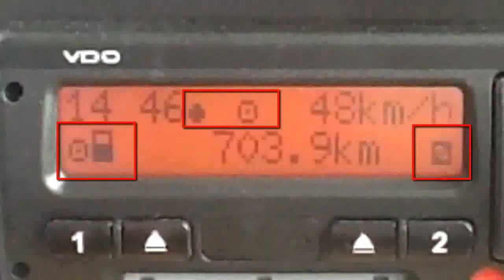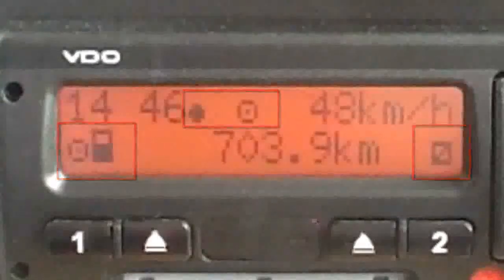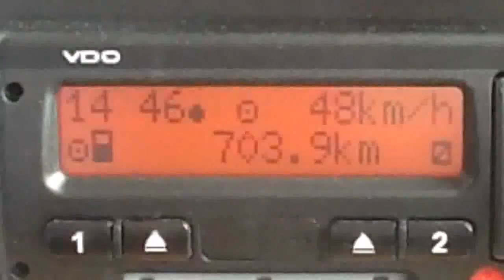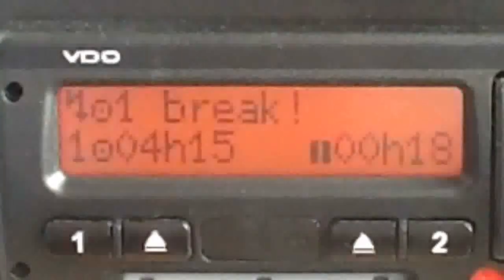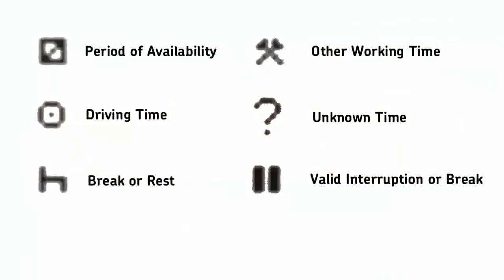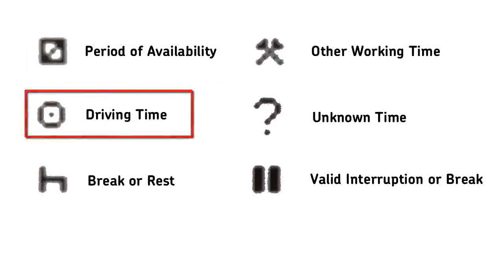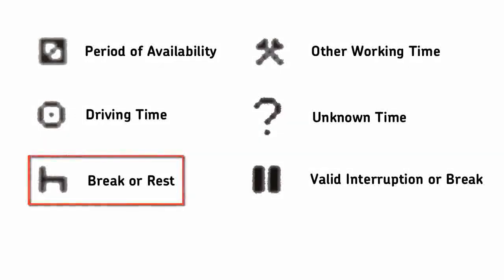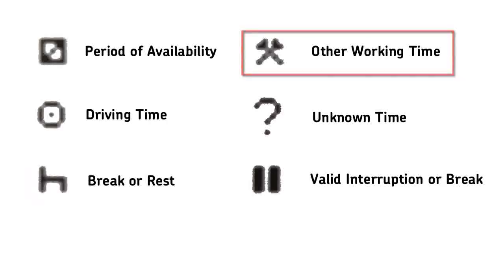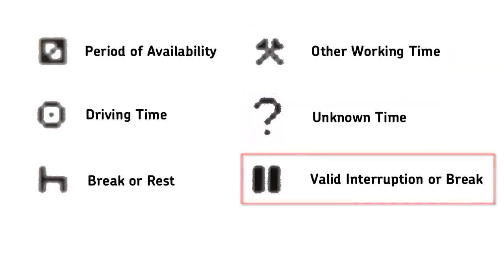Individually, each pictogram has a basic meaning. In sequence, however, they read like hieroglyphics, providing drivers and enforcement officers with clear, simple to understand data. The most common pictograms seen by drivers are period of availability, driving time, break or rest, working or other time, unknown time, and a valid interruption or break.